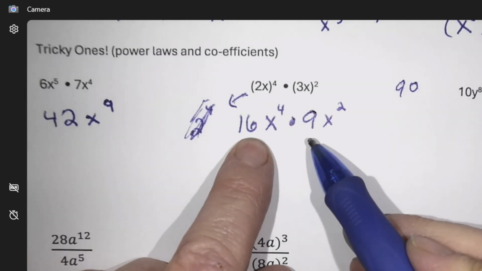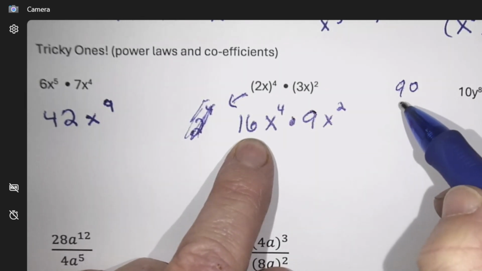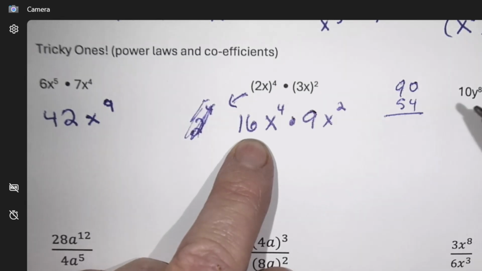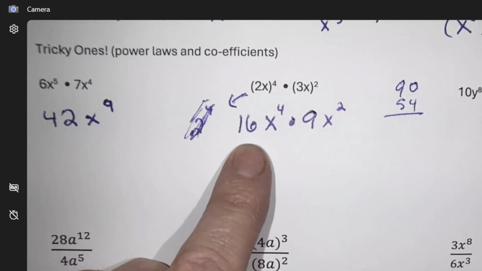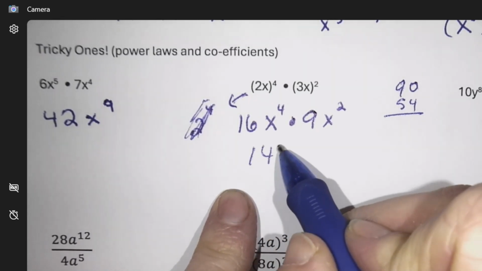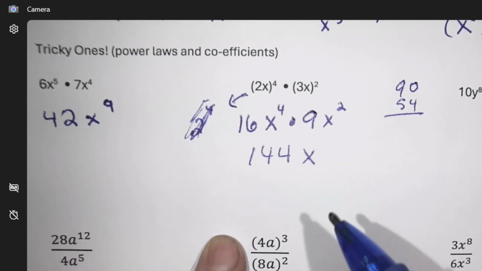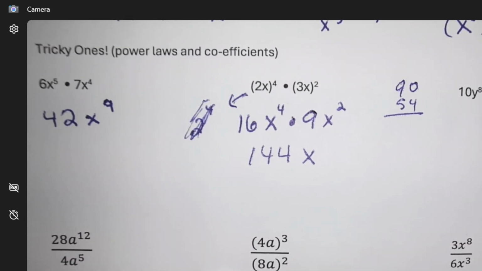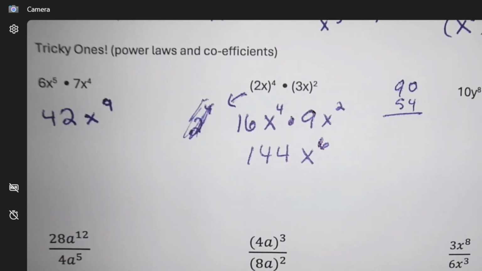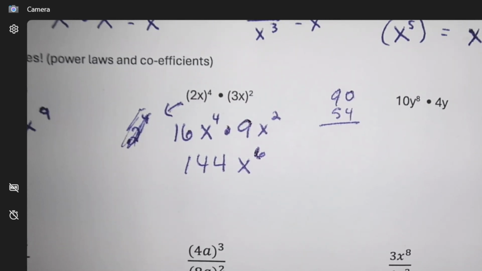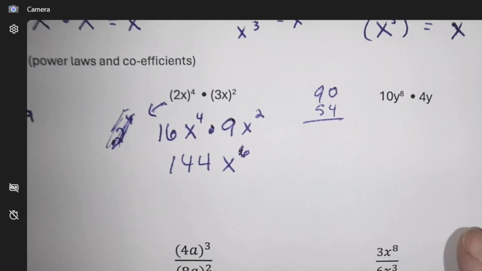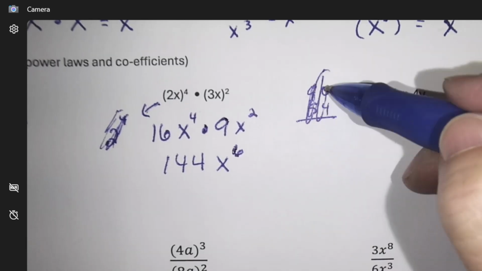And what's 6 times 9? 54. So what does that add together to be? 140... 144 x to the 6. Yes.